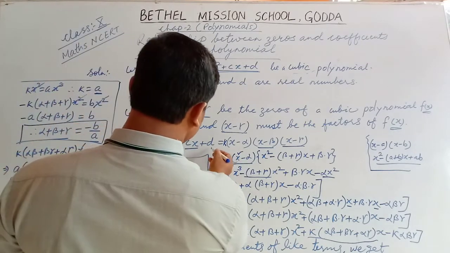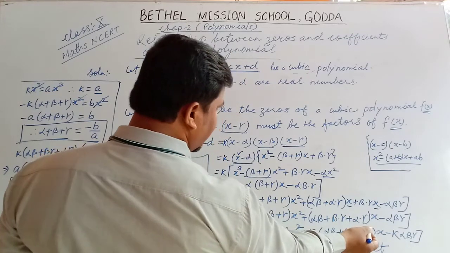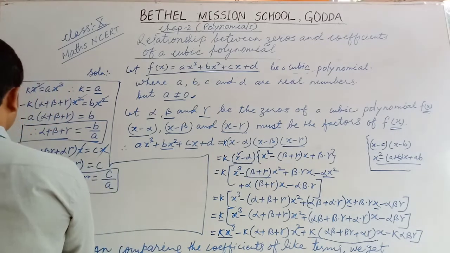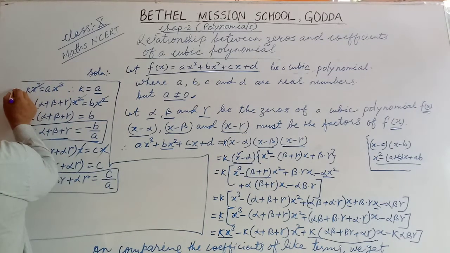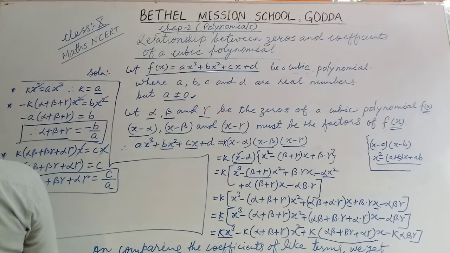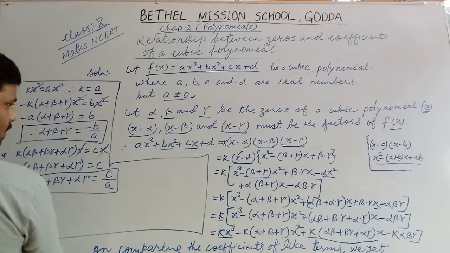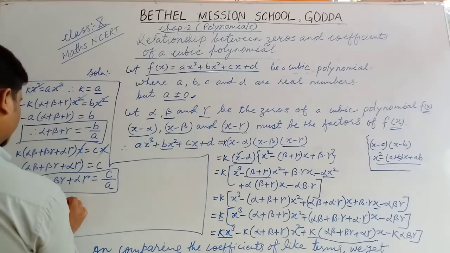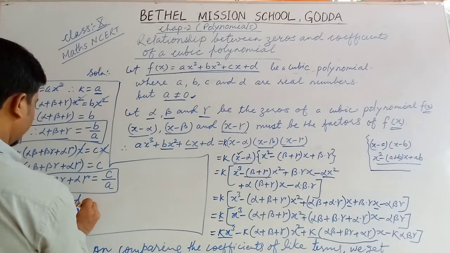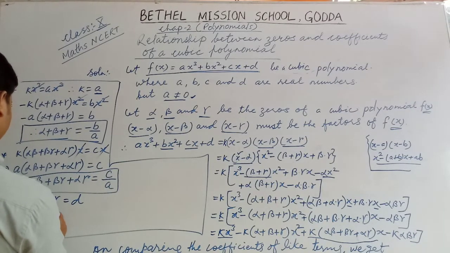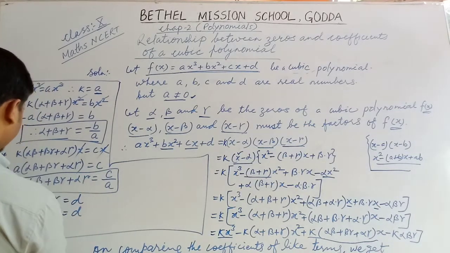Next is minus k into alpha beta gamma equal to d. Therefore, k will be replaced by a, so minus a into alpha beta gamma equal to d.